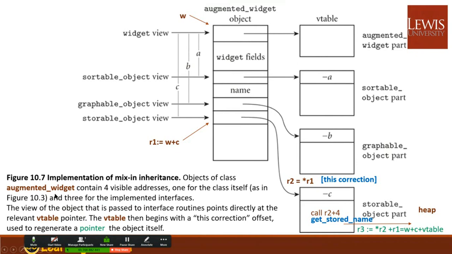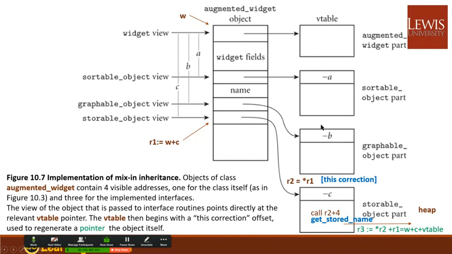So an object of class augmented widget contains 4 vtable pointers, 1 for the class itself and 3 for the interfaces. The view of the object is passed to the interface routine pointing directly to the relevant vtable.